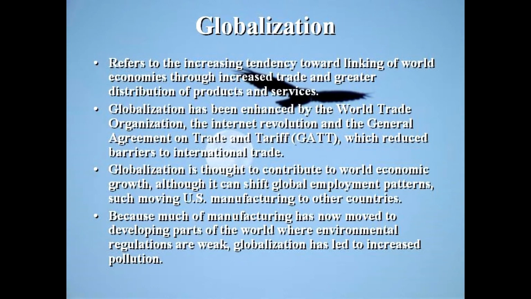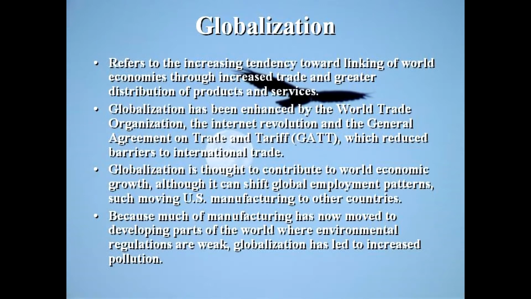One organization, the World Trade Organization, has been instrumental in enhancing this global tendency. And there's also an international agreement, the General Agreement on Tariffs and Trade, which reduces international barriers to trade.